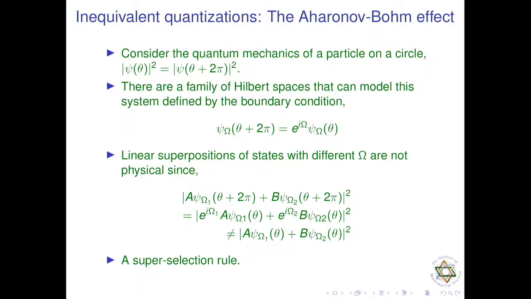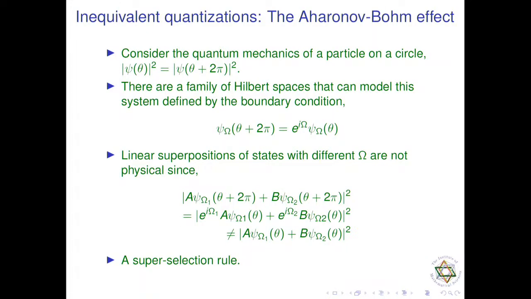Theta and theta plus 2 pi are the same point. Therefore, you can have a family of boundary conditions where you pick up a phase at each rotation. If you want to picture a physical system where such a phase can arise, consider a magnetic flux piercing through the circle and consider the particle to be charged. Then when it goes around, it will pick up a phase.